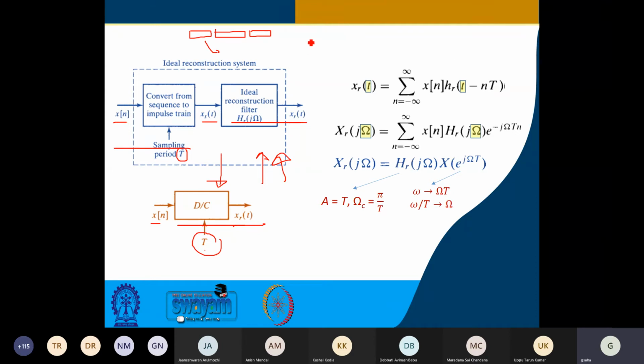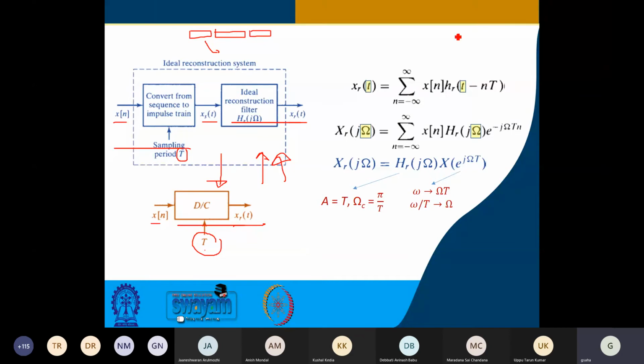It is not the original xc(t) derived from that. So basically, something will be there in between as a DSP block, right? We shall introduce it shortly. Before that, we again revisit the notations that we have used and try to align them with the understanding that we gained in this class before this.